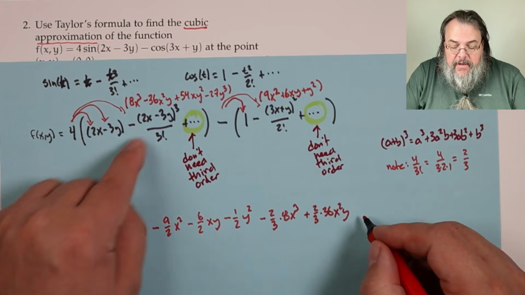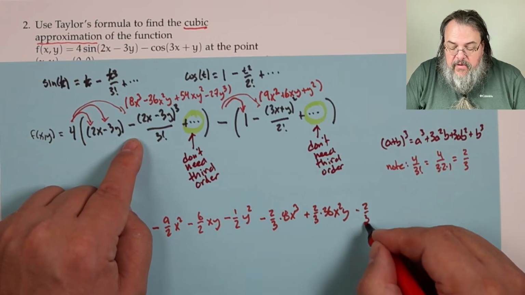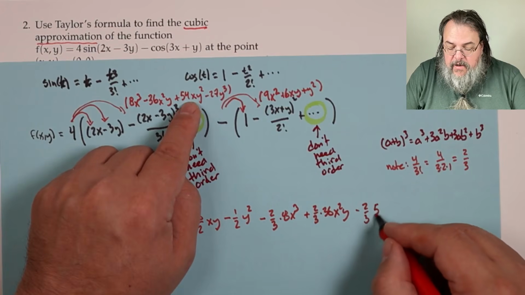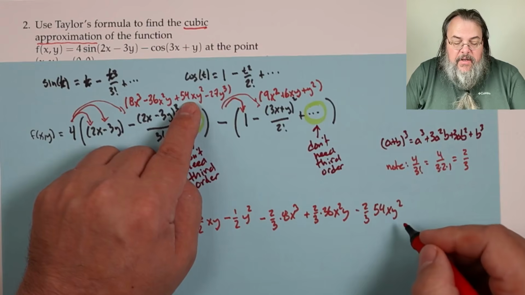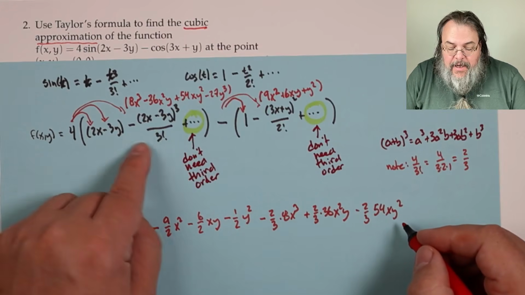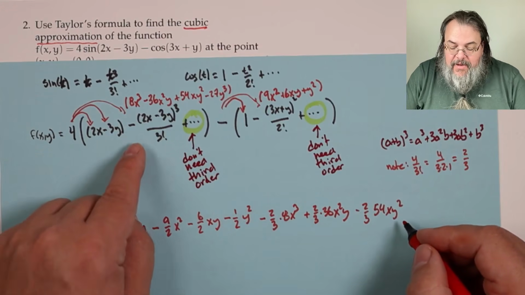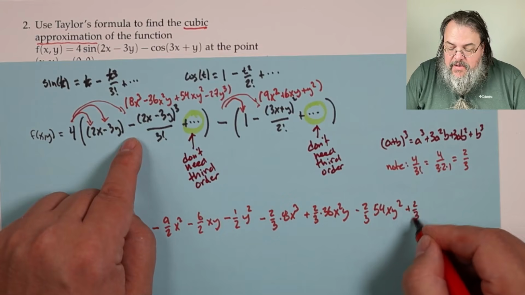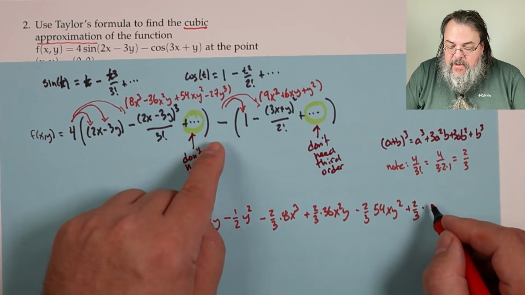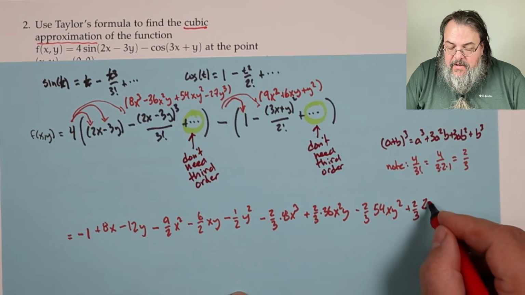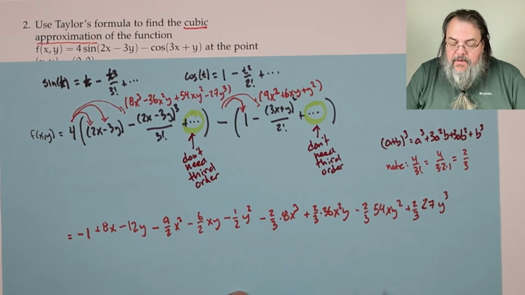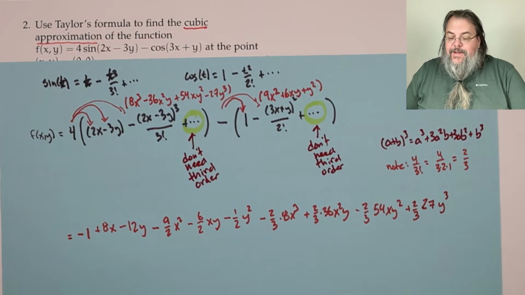And now we have a minus 2/3 54 xy squared. And finally, a minus and a minus makes a plus. So plus 2/3 times 27 y cubed. All right.